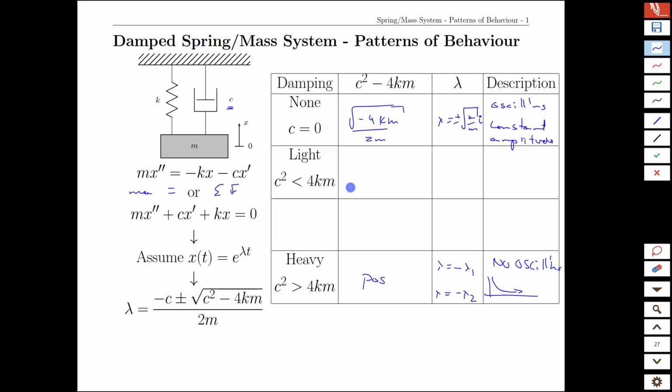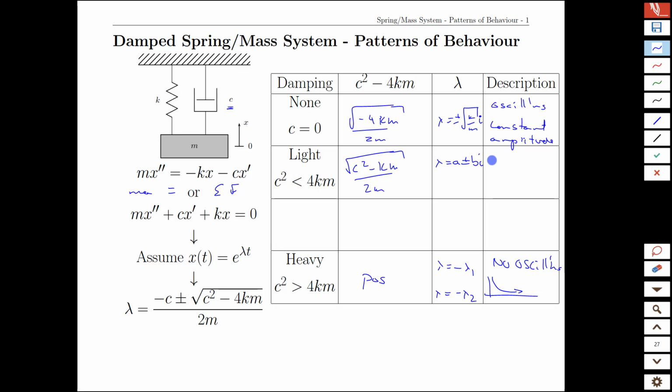In the medium ground, what we're going to get is something where the square root of c squared minus 4km, all over 2m, is still negative. So we're going to end up with lambda equals a plus or minus some imaginary coefficient, because there's a negative value inside the square root, but there's also a negative real part.